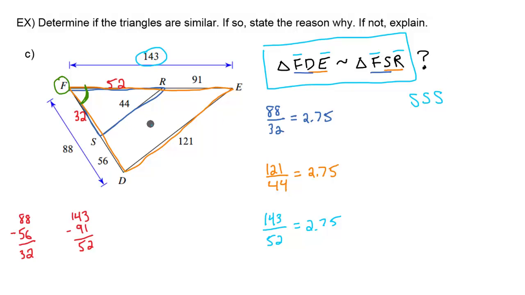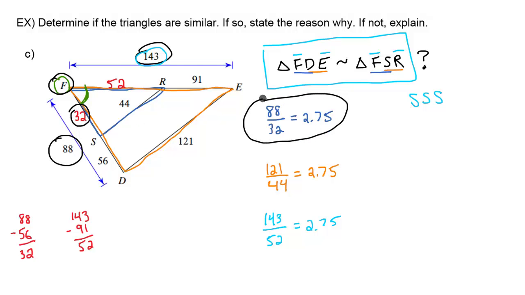Now, you could have proved it using side-angle-side as well. In that case, you would have taken 88 along with this angle right here, and then 143. That would have been the side-angle-side, and you match that up to 32, which is the side that corresponds with 88, and that's what we did right here.